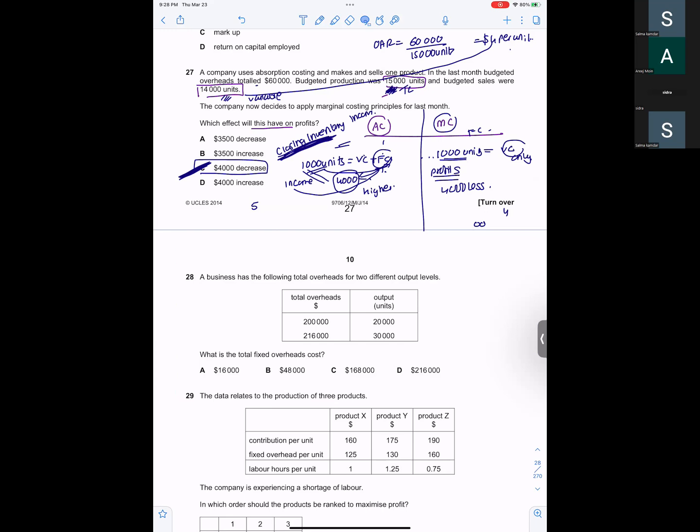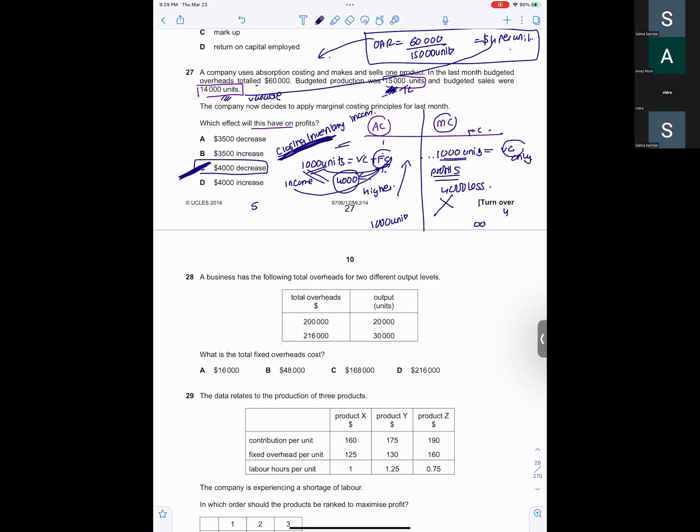The part until I found the OAR and multiplied was correct, but my fixing was wrong. Now I understand, it was only because of the 1,000 units of closing inventory, which is used in valuation over here and not used over there.